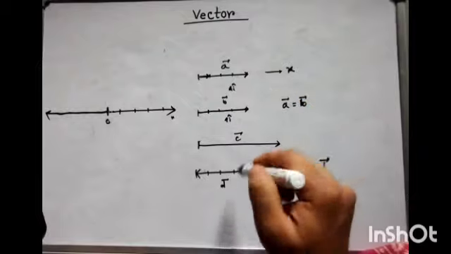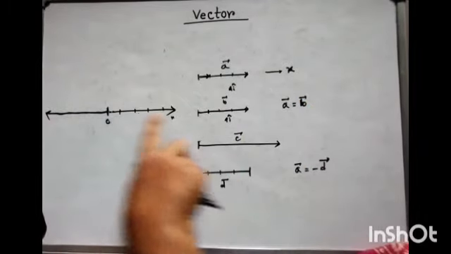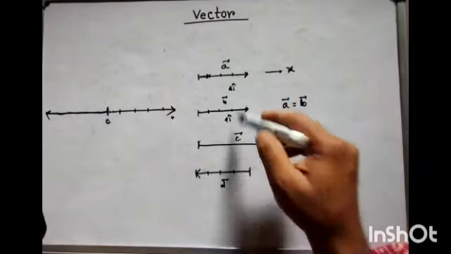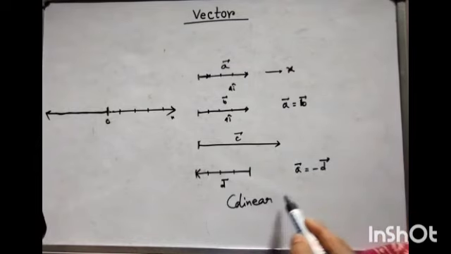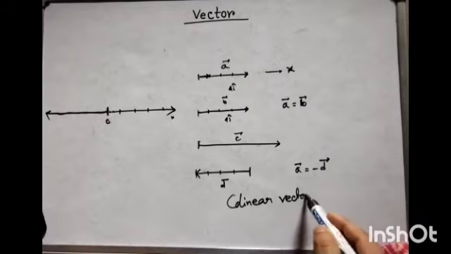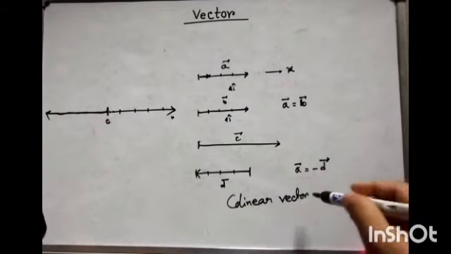As all these vectors can be drawn along the x-axis, these vectors are called collinear vectors. That means all vectors are parallel to each other.